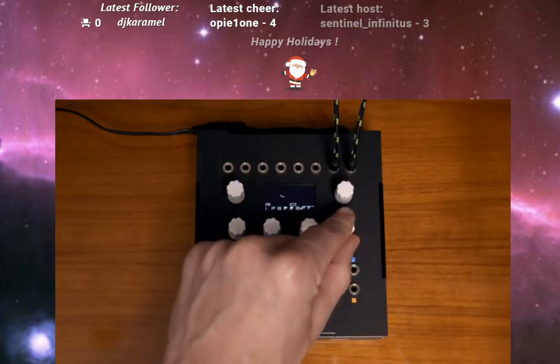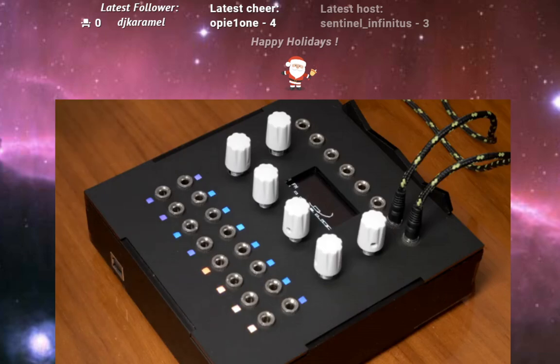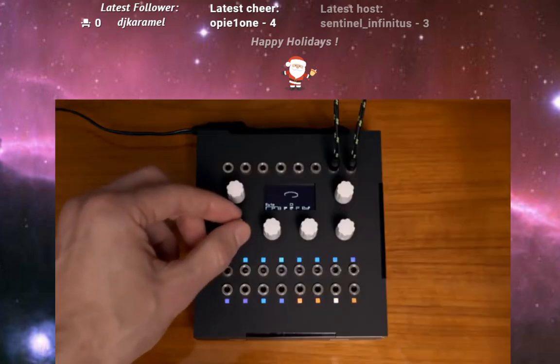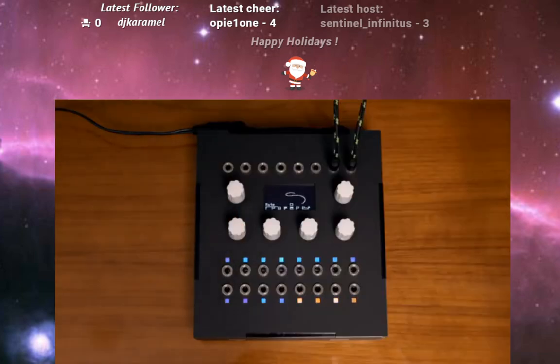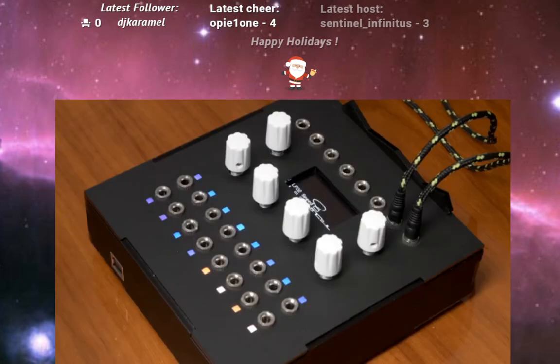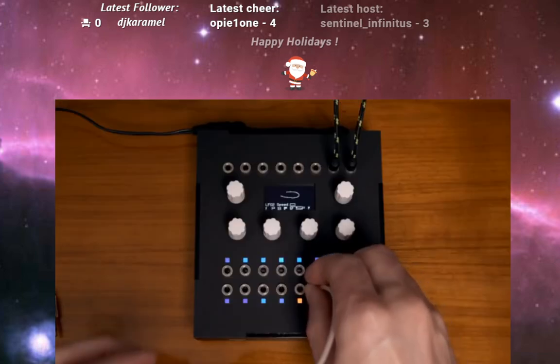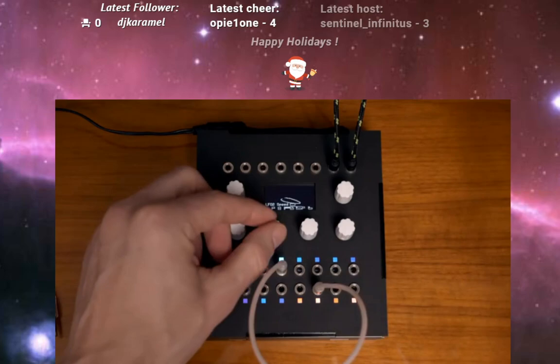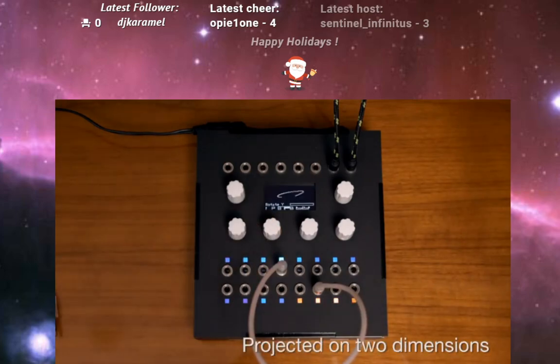Yeah, I don't think that's... It's hard to tell. It looks like it's synced, but there's not a lot of projected on 2 dimensions.